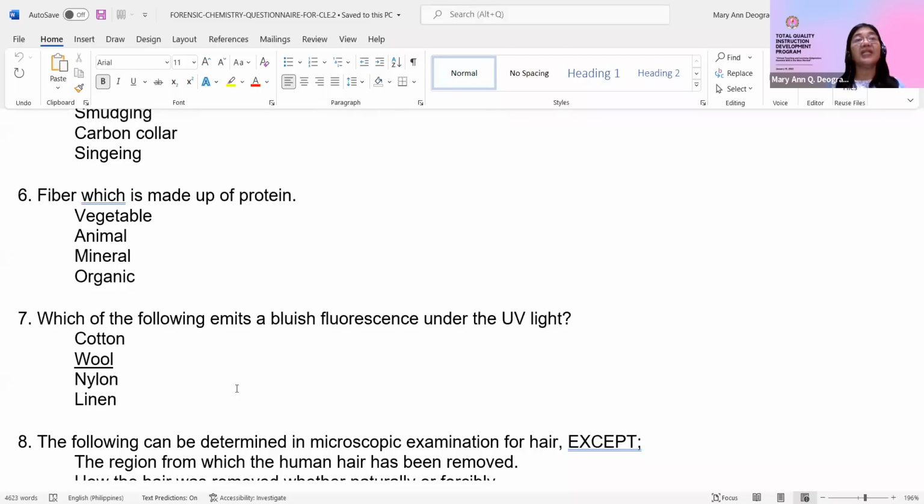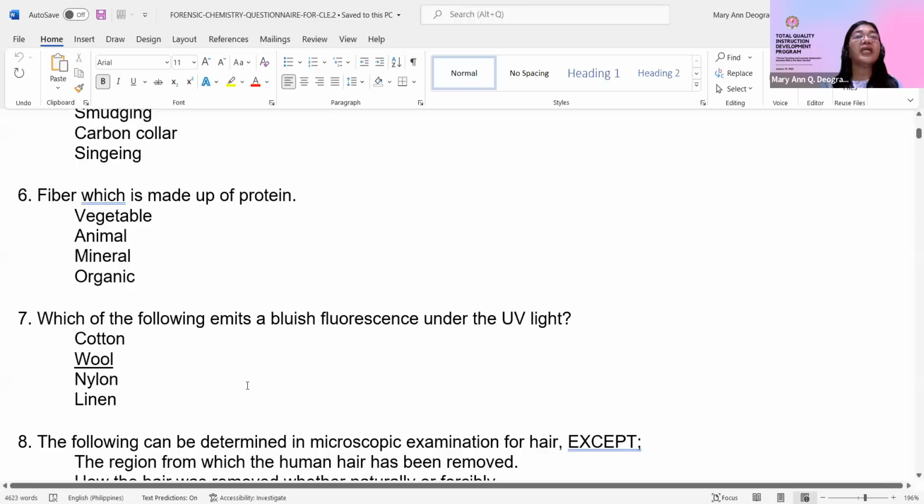Nylon and linen do not emit a specific bluish fluorescence, so it's only animal fiber. Since our choice is wool, it's underlined there. So wool is the answer because wool belongs to the animal group of fibers.